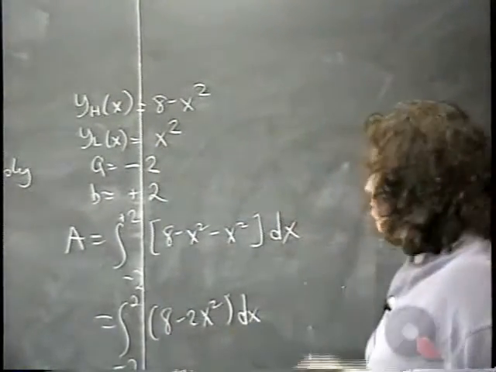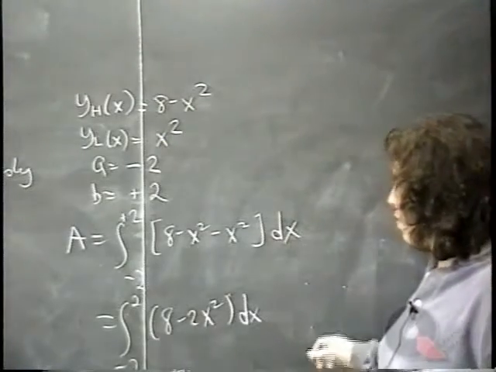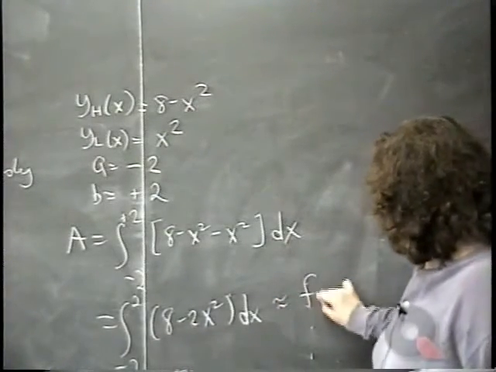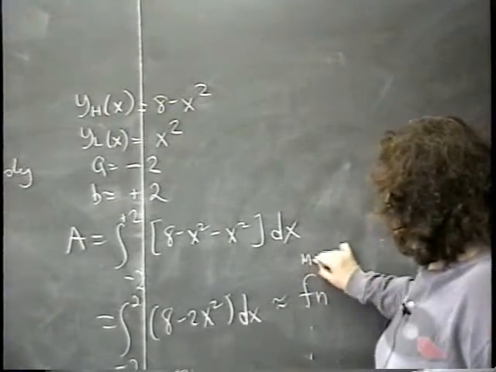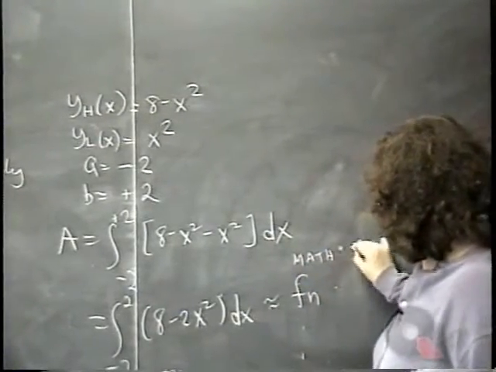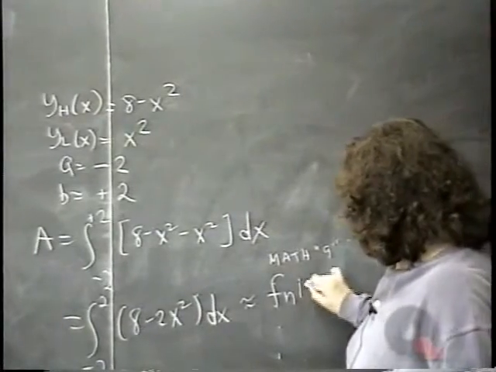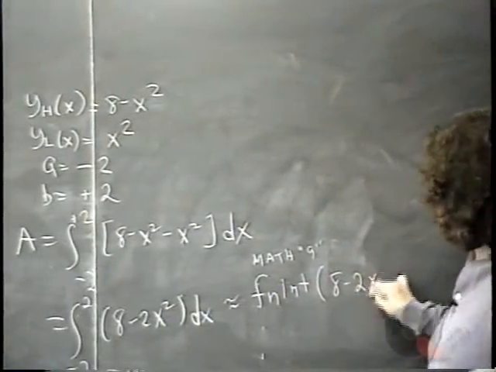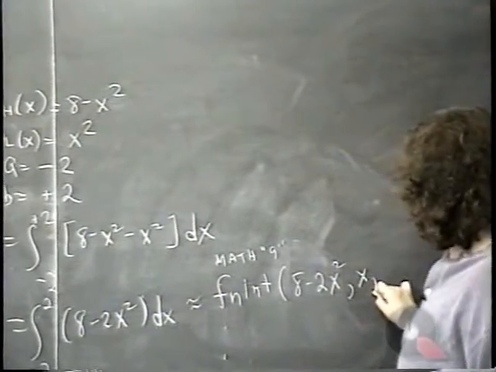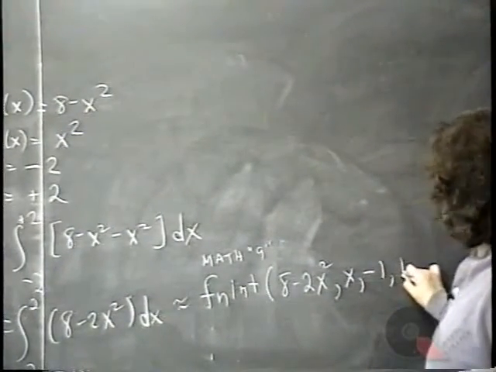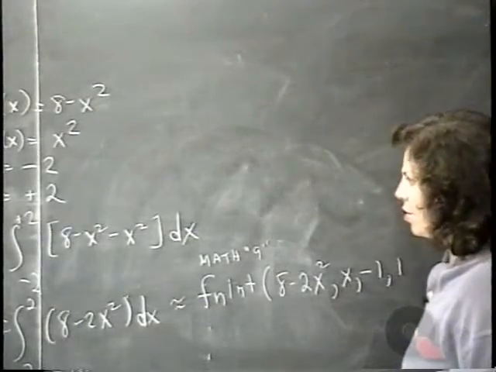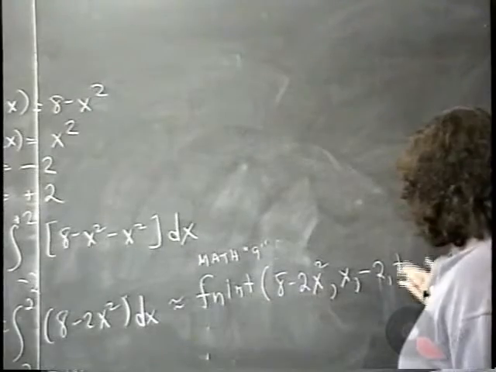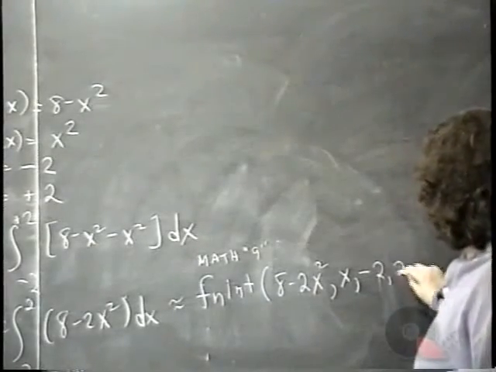Now, we could do this the same way we did it before, anti-differentiating and plugging in, or we can approximate it by hitting the Math 9 key and asking it to integrate the function 8 minus 2x squared with respect to x between minus 2 and 2.